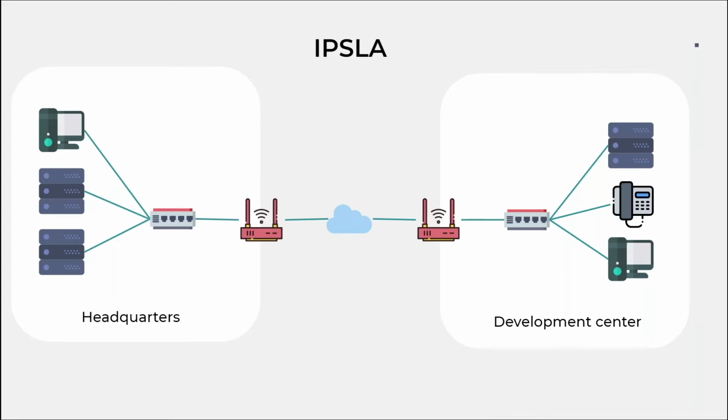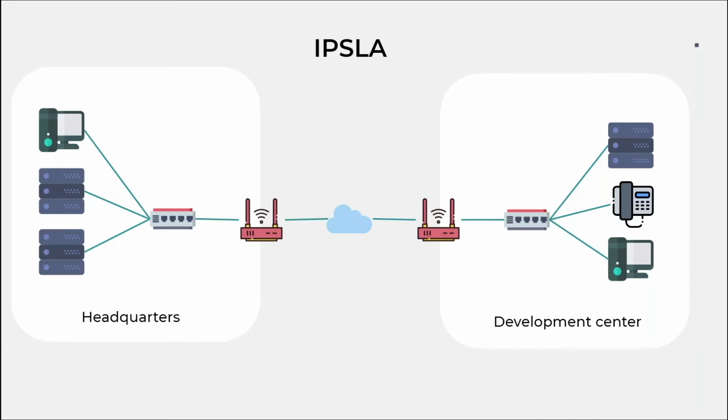And you see that there is a lag or the file transfer is very slow. Or in case you are having a voice call between your headquarters and development center, and you see that the voice call is lagging, then yes, it is essential that you need to monitor the WAN also.